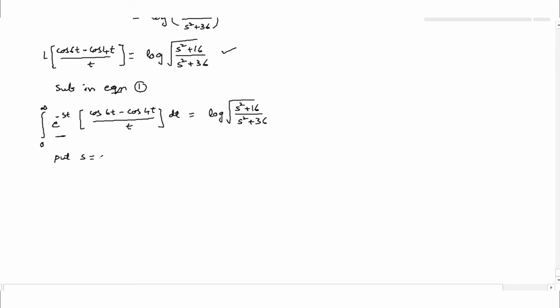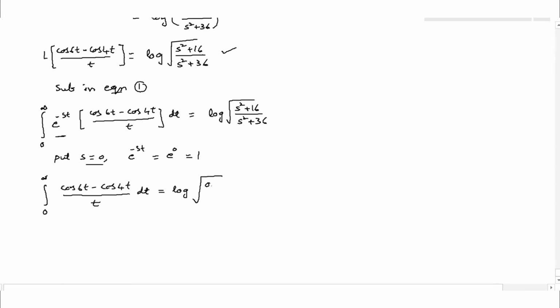So we'll take the value of s to be equal to 0, so that e power of 0 will become equal to 1. So the e power term is not there in the given question, therefore we are making that equal to 0. So now we are left with integral 0 to infinity of cos 60 minus cos 40 divided by t into dt will be equal to log of, so put the value of s as 0.